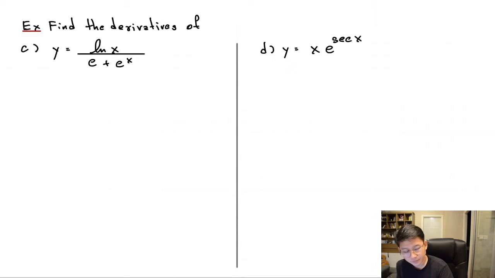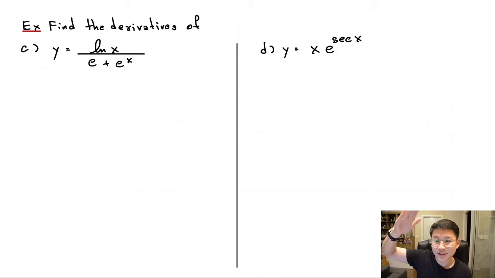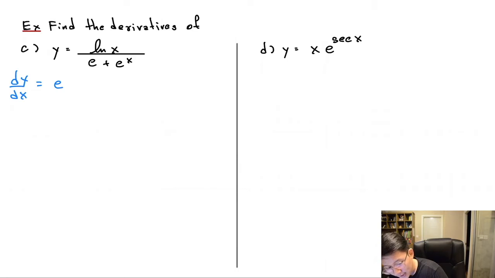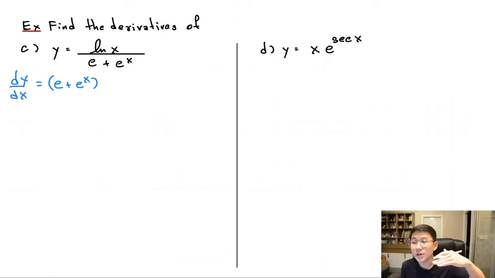Here, what is it? It's the quotient again, right? It's the quotient again. So dy by dx would be low, which is e plus e to the x, low d high, would be just 1 over x, right?